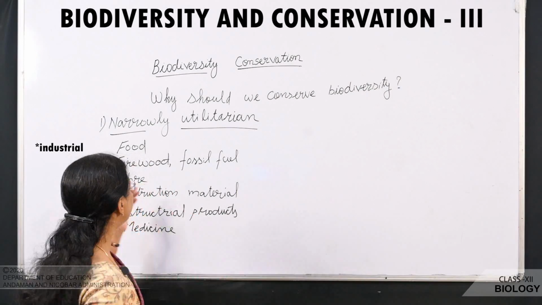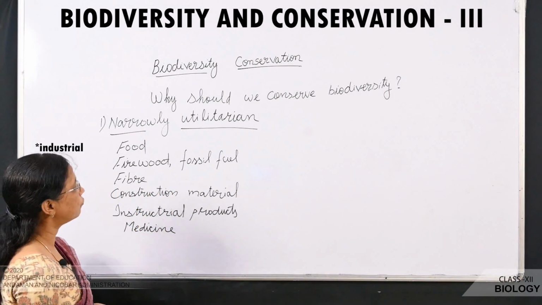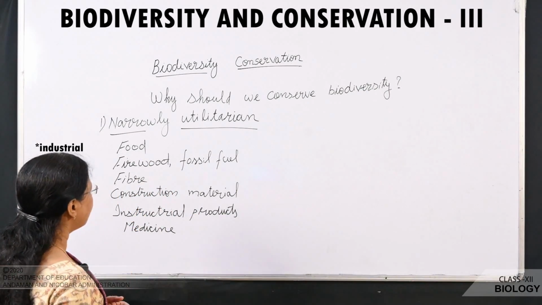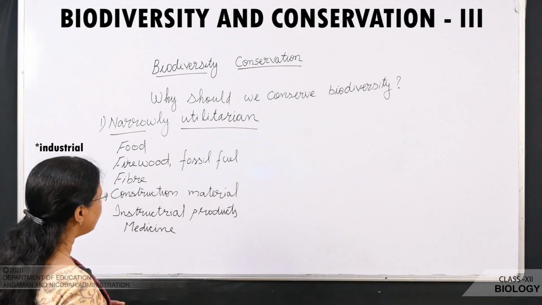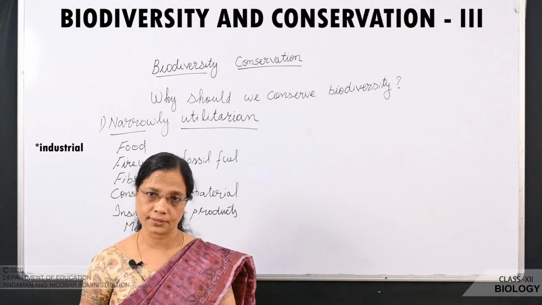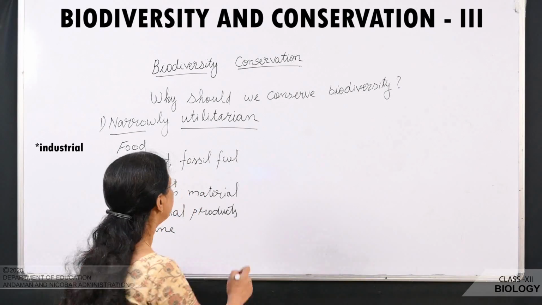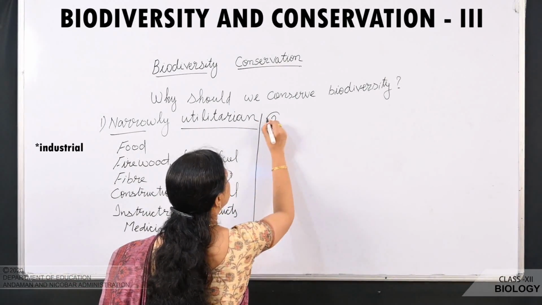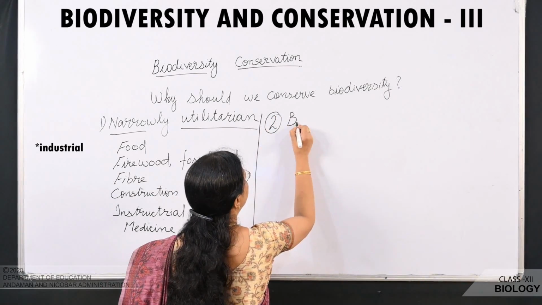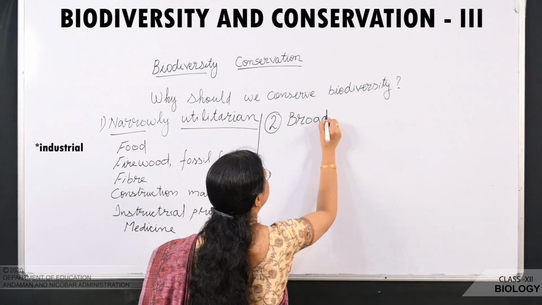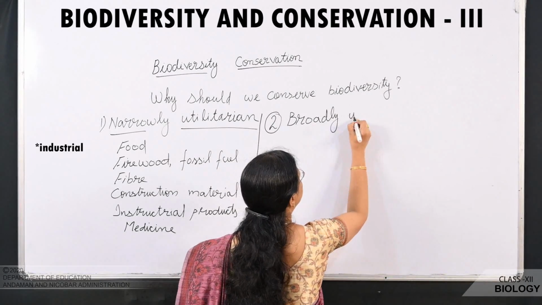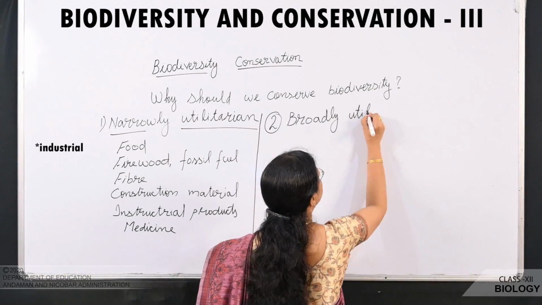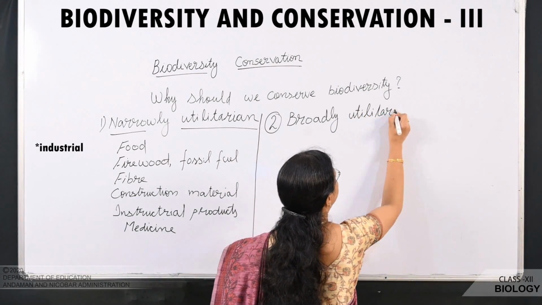The economic benefits like food, firewood, fossil fuel, fiber, construction material, industrial products and medicines. Next, the second one is broadly utilitarian.